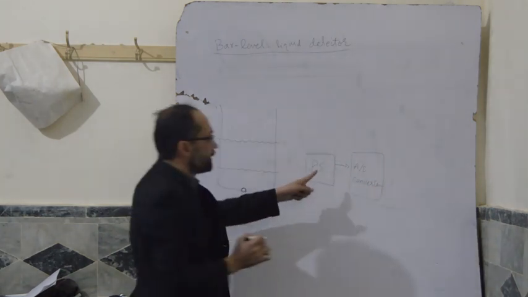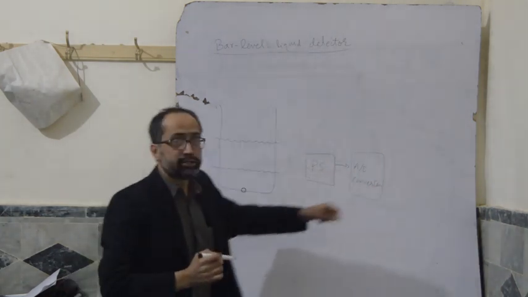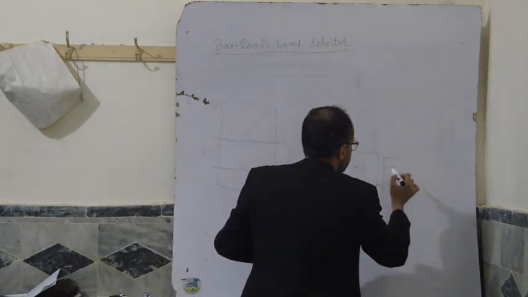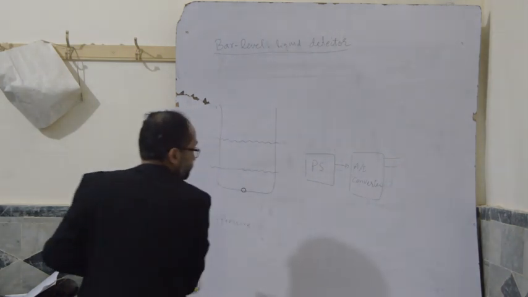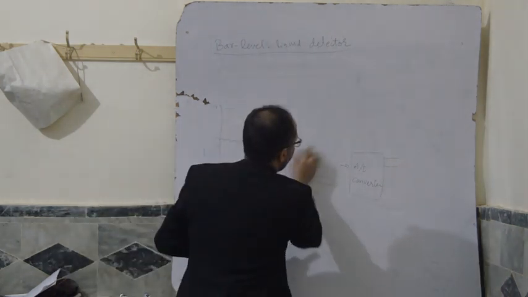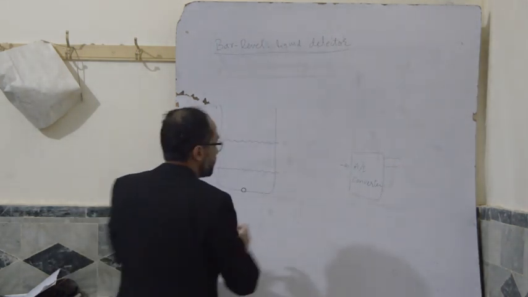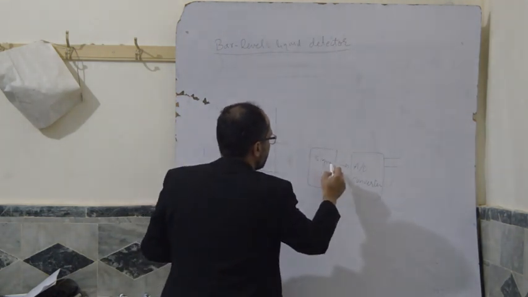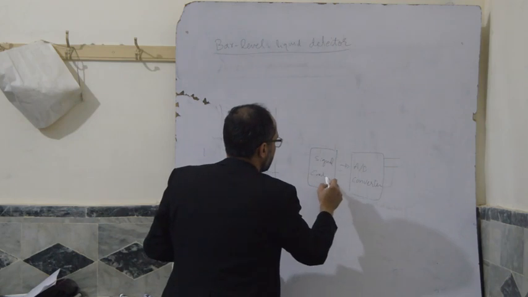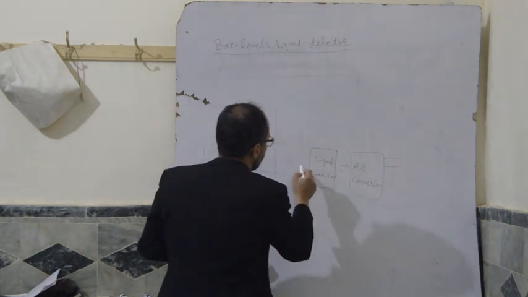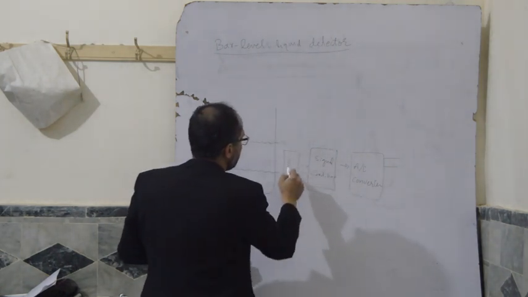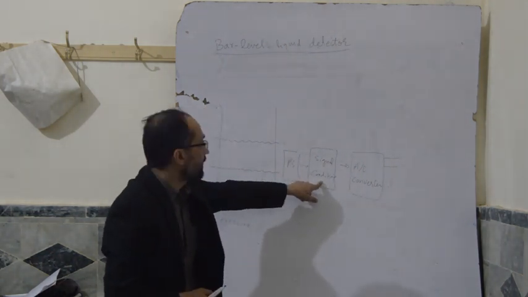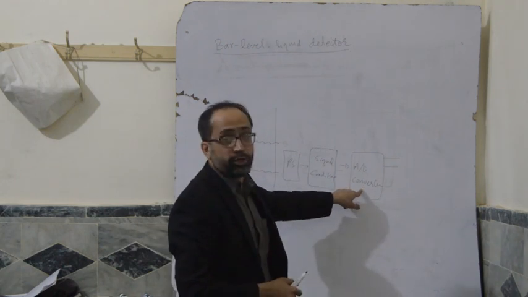An A to D converter will convert this analog data into a digital data. Before this A to D converter, there will also be some signal conditioning circuit. You have a pressure sensor now. It will pass through the signal conditioning circuitry. Then you use an A to D converter.